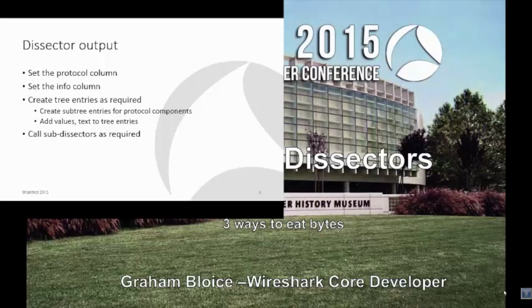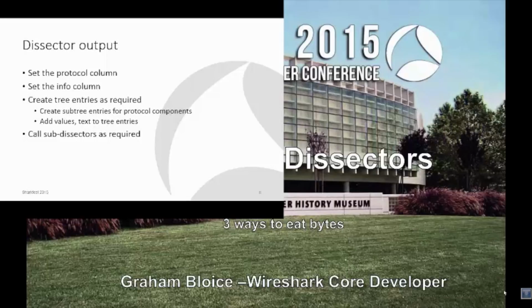And you create tree entries as required, so that gets you in the packet tree the individual elements broken out into sub-elements depending on the complexity of your protocol. You create tree entries with sub-tree entries for these protocol components and keep eating through the bytes in the payload, adding to the entries as required.